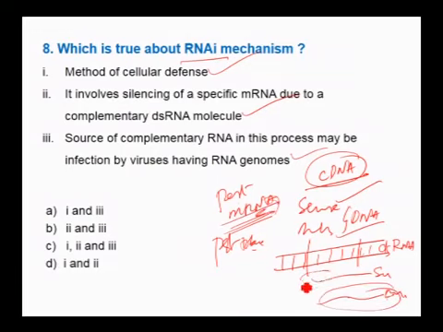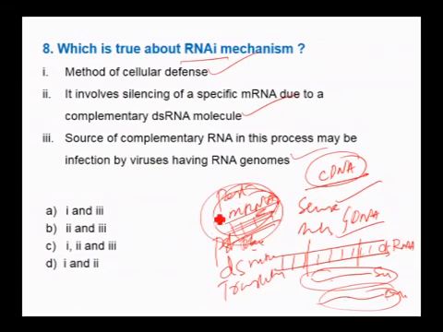So this sense strand is complementary to the mRNA of this pest. So it will go and bind, forming double stranded mRNA. So this double stranded mRNA of the pest cannot undergo translation. So thereby it cannot produce the specific proteins required to complete its life cycle, hence it will die in its specific developmental stages and the plant is protected from the pest.